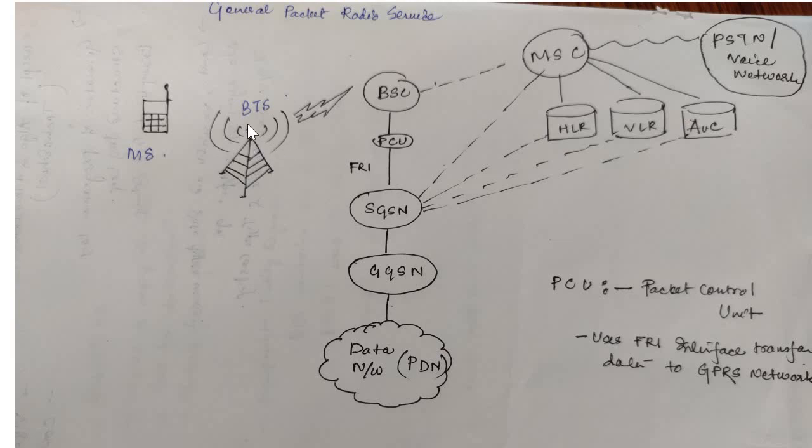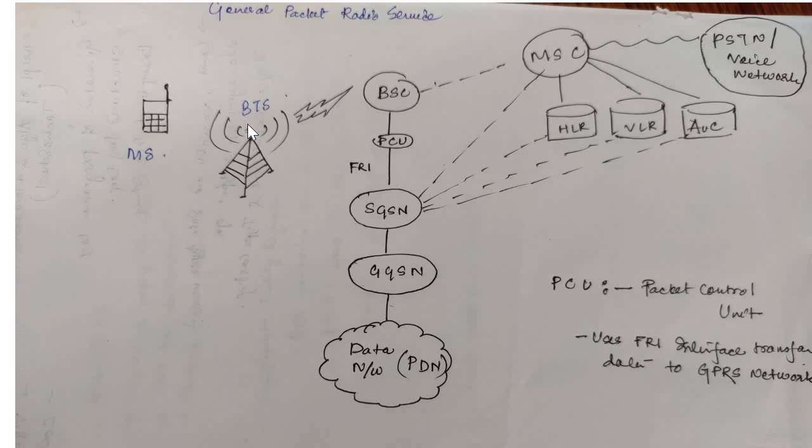After the request arrives at the BTS, it handles the access part: how to access the channel, what bandwidth to use, and what kind of multiplexing needs to be used.